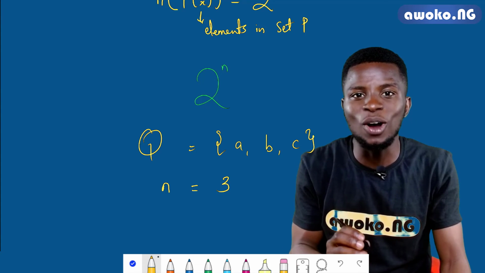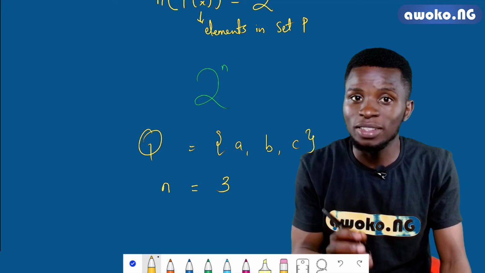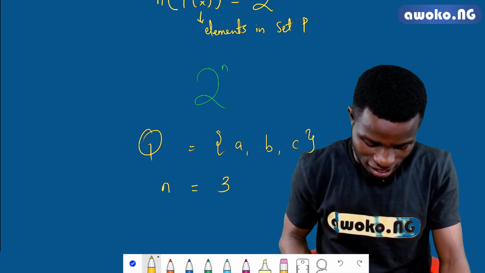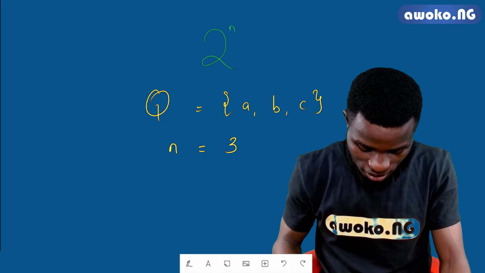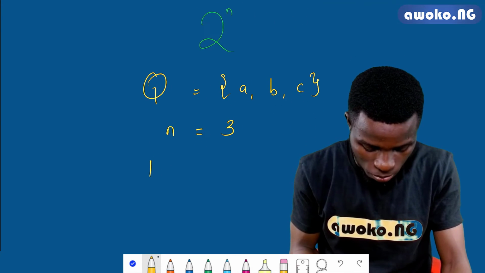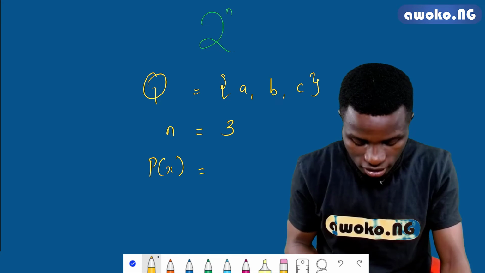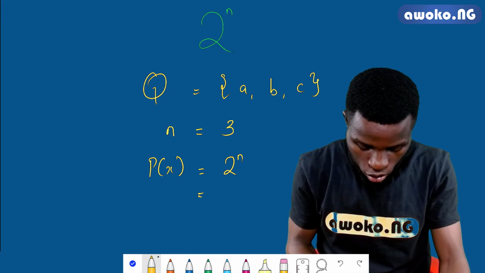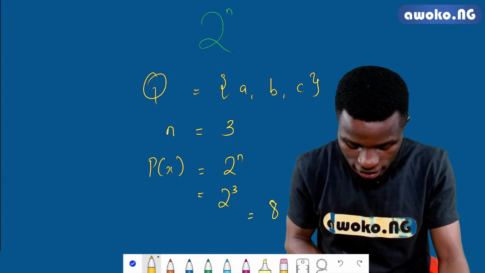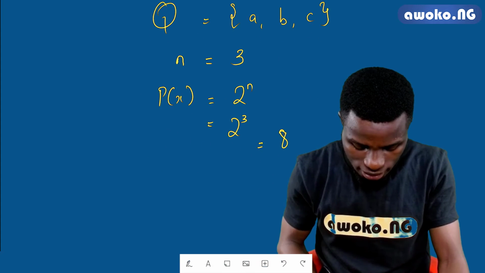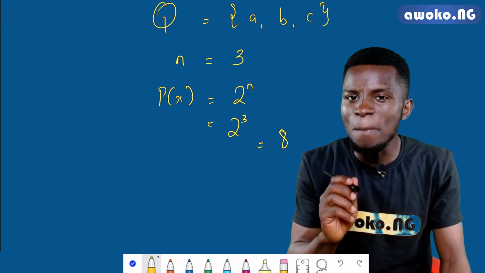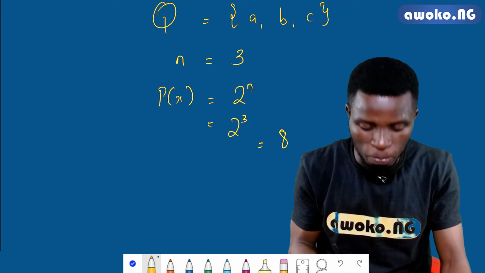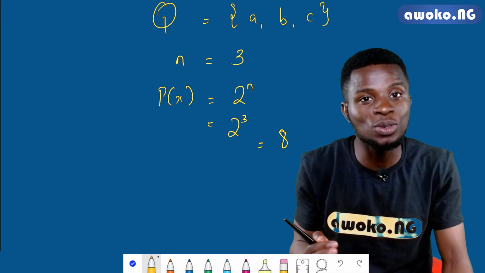So if the cardinality of the set Q is 3, therefore the power of this particular set, P of x, is equal to 2 raised to the power of n, which is 2 raised to the power of 3, and this gives us 8. It then shows that the number of possible subsets of this particular set Q is equal to 8.